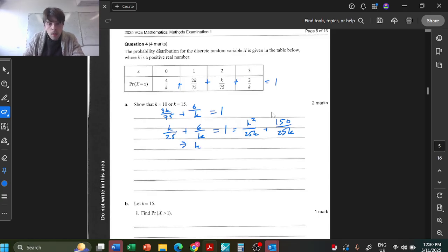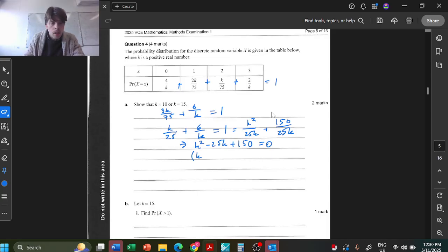So what I'm going to end up with is the quadratic k squared minus 25k plus 150 is equal to 0. And once again, that's nice because we've just got a quadratic here. We can just factorize that. If we think about two numbers that add to give negative 25 and multiply to give 150, we don't have to think about it too much because we have been given the answer right here.